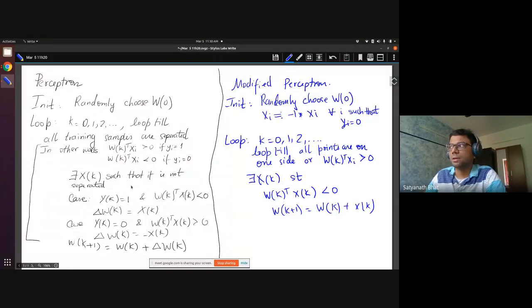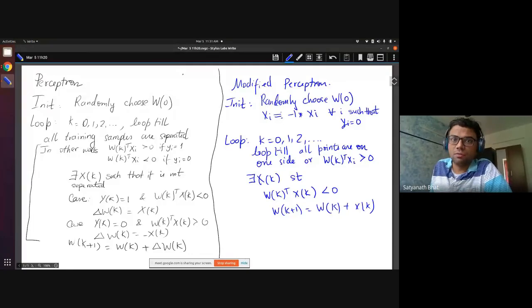But in the second version, for all samples with yi equal to zero, we are pre-multiplying by -1. What that does is, the hyperplane separating in this algorithm will make sure that all the points are on one side of the hyperplane.